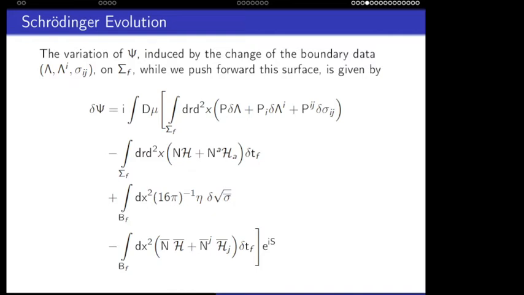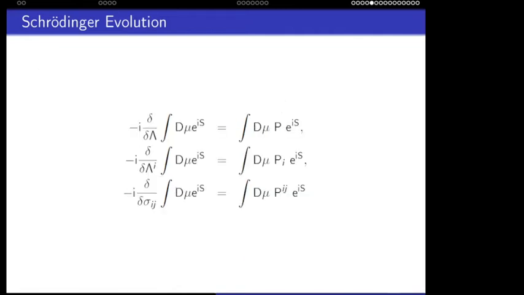For instance, the part of the variation that is related with time will lead to the Schrödinger equation. Or from this variation here, you can get these relations, which are the ordinary ones in quantum mechanics.